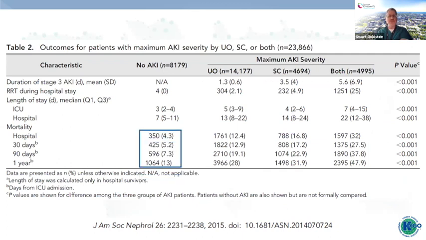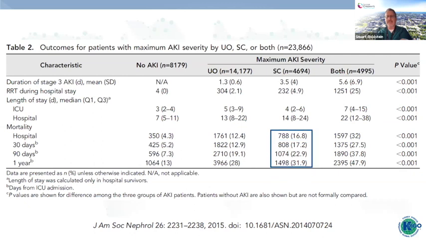So in patients who didn't have AKI, they had a very low rate of mortality in the hospital by 90 days or even by 1 year. In patients whose maximum AKI severity was driven by the urine output criteria of KDIGO, you can see an increase in hospital mortality rates, in 30-day, 90-day, and 1-year mortality rates.